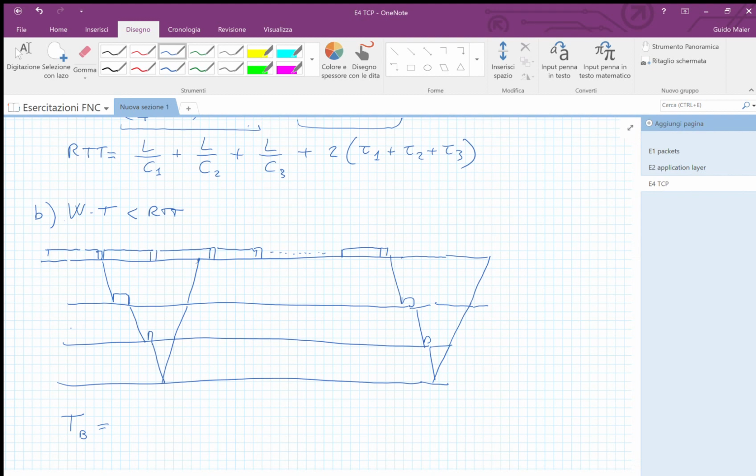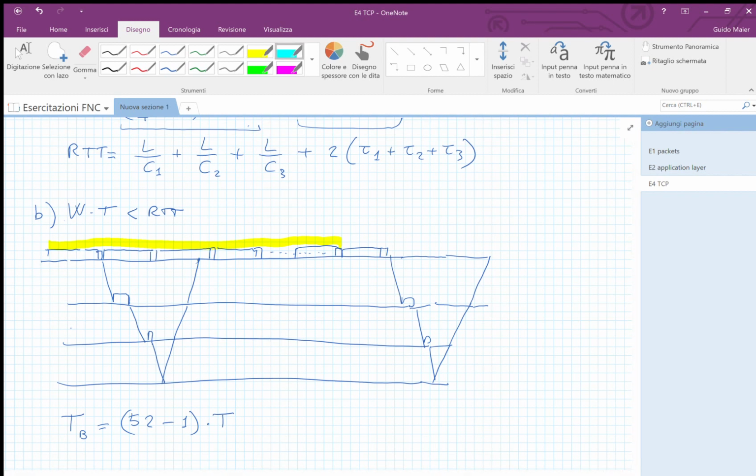So we can say that the total transfer time is equal to (52 minus 1) by T, which is this component.